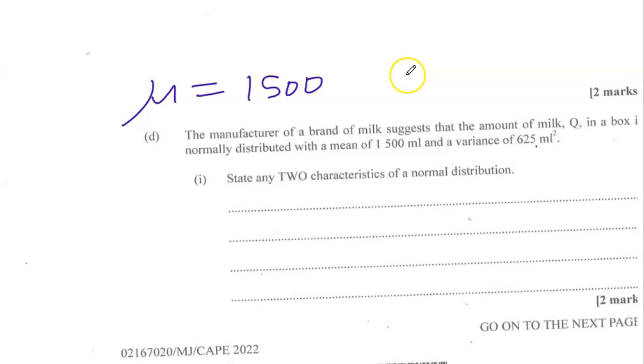The variance is the same as the standard deviation squared, which means that the standard deviation is the square root of the variance. The square root of 625 is 25.